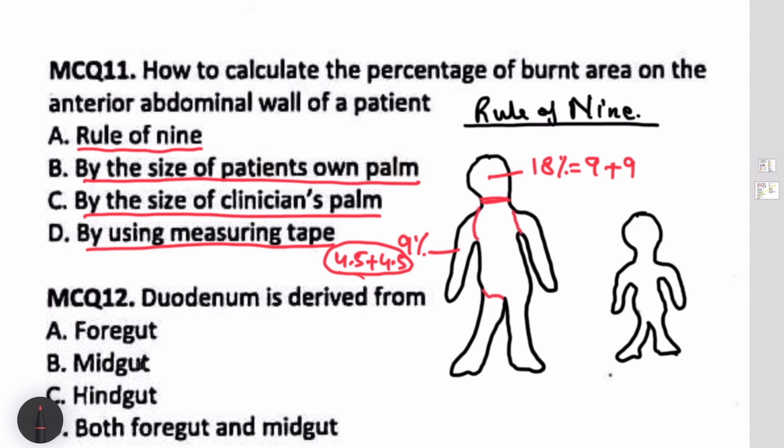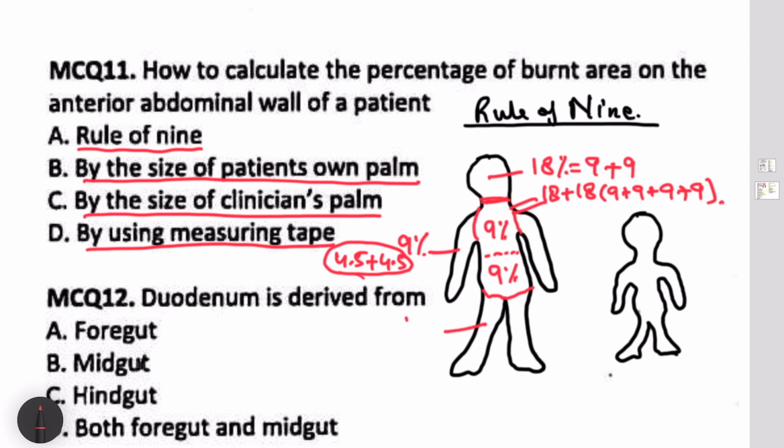The trunk is actually 18%, and if you divide the upper half of the trunk, then it will be 9% upper half, 9% lower half, and the same is equal to 18 plus 18, front and back, or you can say 9 plus 9 plus 9 plus 9%. That makes the complete trunk, front and back.